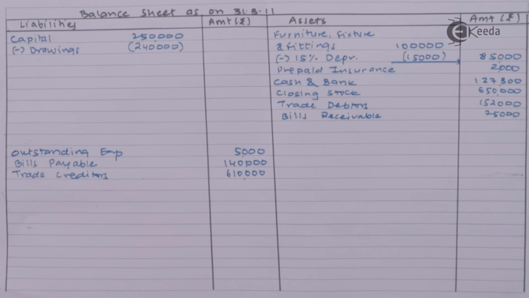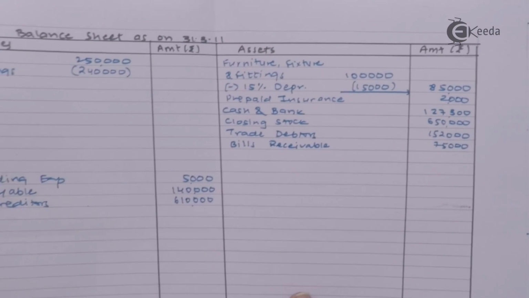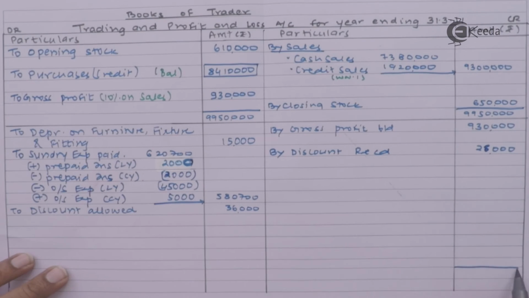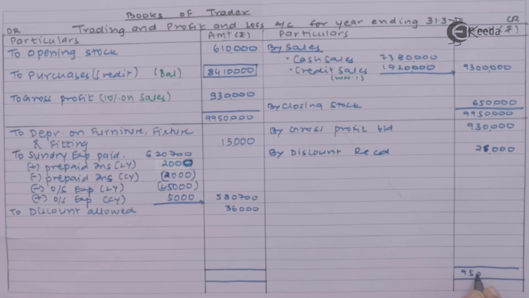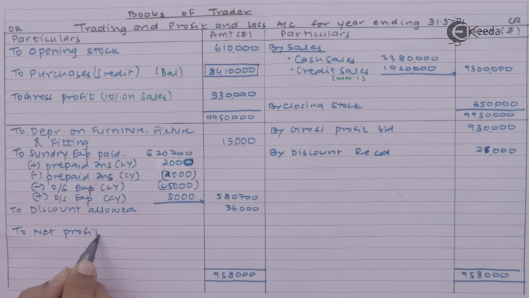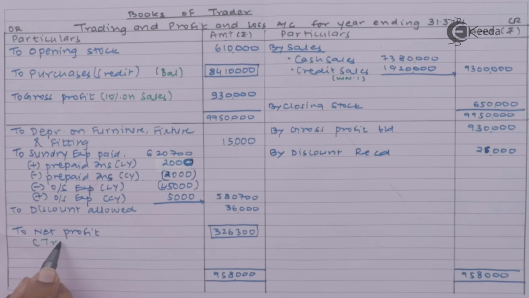In this way I have closed my workings. All workings are closed, you can notice. Now I need to close my trading, P&L, and lastly of course the balance sheet. My net profit is 3,26,300, and this will be transferred to capital.